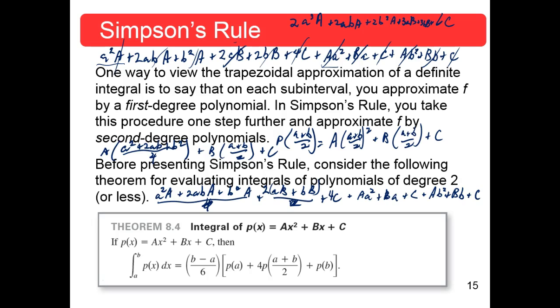This over 6 represents the average value of that, and the thing in the integral here is the same as the average value. And so that's what they're doing here. They're getting this to be the average value, this thing over 6 times the length. So that gives you the rectangle that approximates that curve. Okay, that's where it's coming from.